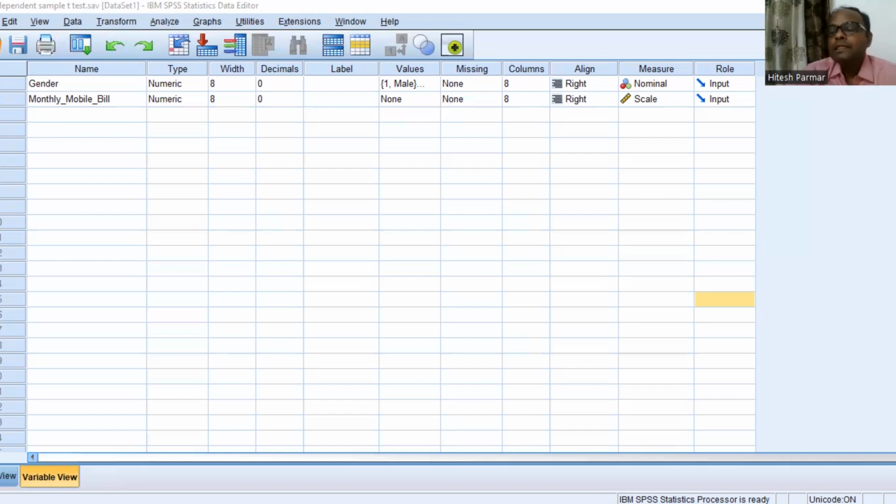If both limits are negative, lower and upper, what does it mean? Suppose both limits are negative, it indicates a significant difference because the female monthly mobile bill is higher than the male monthly mobile bill. If both limits are positive, it will mean the male monthly mobile bill is higher than the female. And if one is negative and one is positive, what does it mean? There is no significant difference.